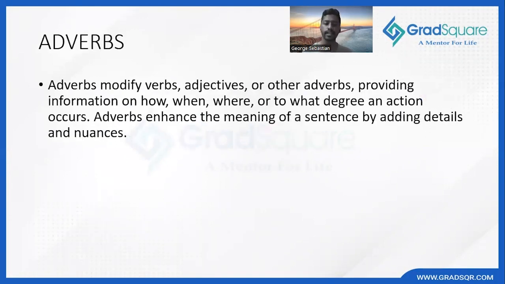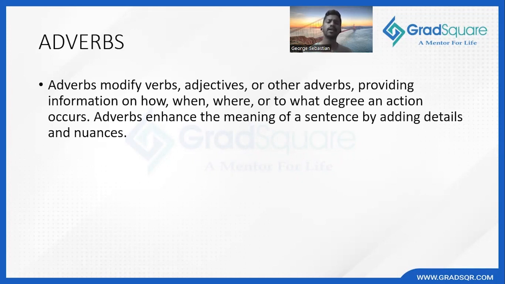Similarly, we have another area which is called adverbs. So what are adverbs? Adverbs can modify verbs, and also adjectives and other adverbs. In a given sentence, an adverb can also modify or describe another adverb, right? So it not only modifies or describes verbs, but it also modifies and describes adjectives and other adverbs in a given sentence.